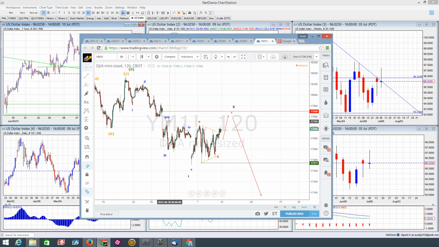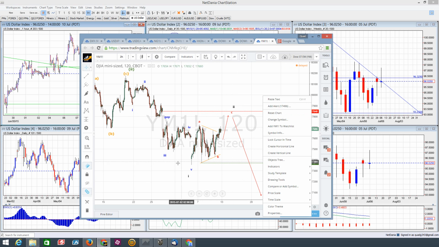I think it's going to give at least a minimal gap fill here, but I would like to see it stay underneath the gap high, and the gap high is at 17,848. So look for wave C to end somewhere in that gap range, and then look for a reversal.